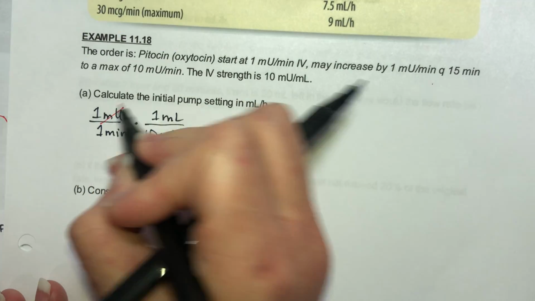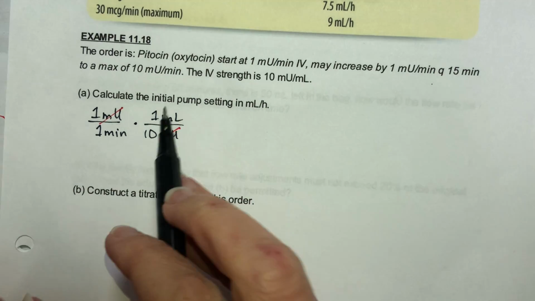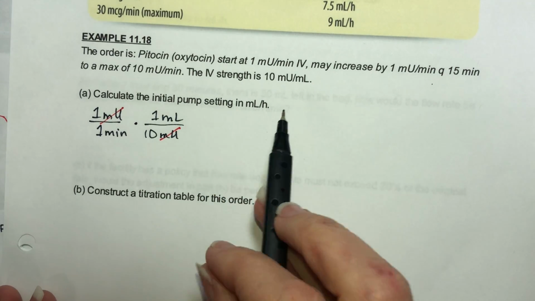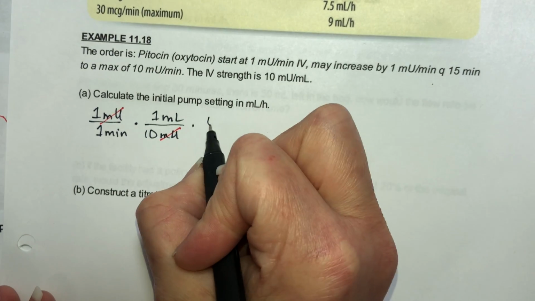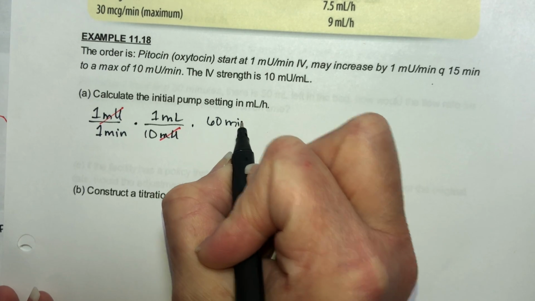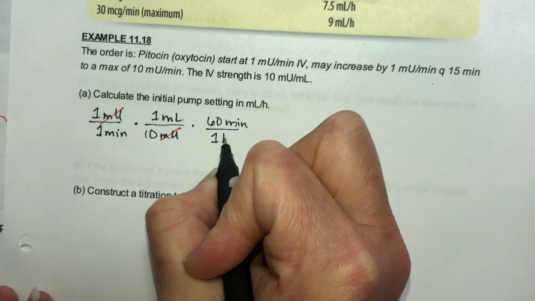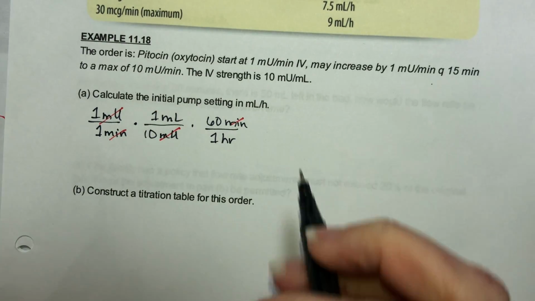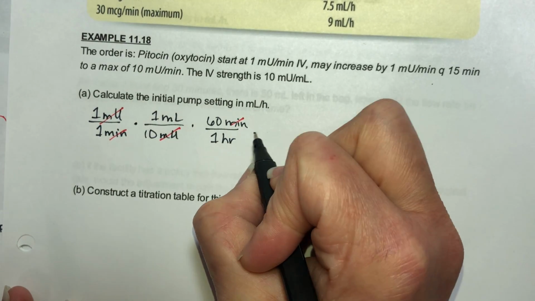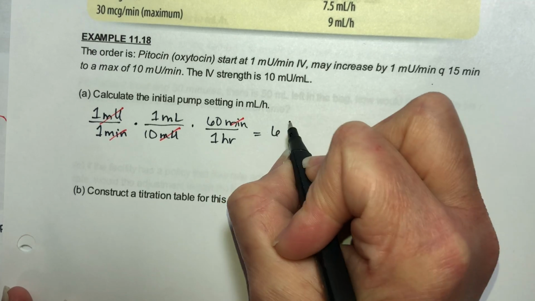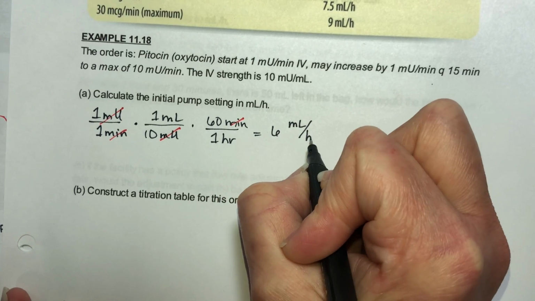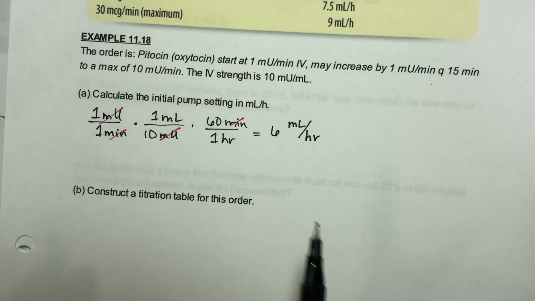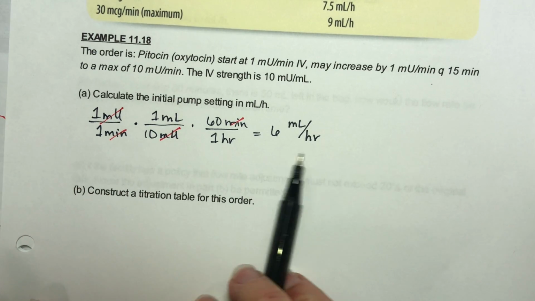Here, my milliunits are going to cancel out. So I have the milliliters on the top, which is good, but I want an hour, not a minute. So multiply by 60 minutes in 1 hour. And the minutes cancel. And you end up with 60 over 10, which is 6 milliliters per hour. Okay, so this is the initial.